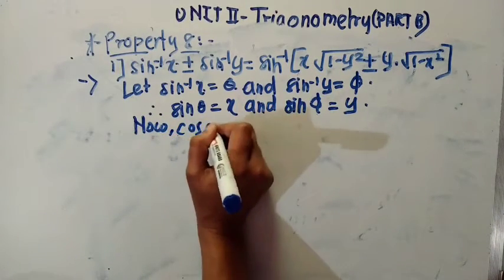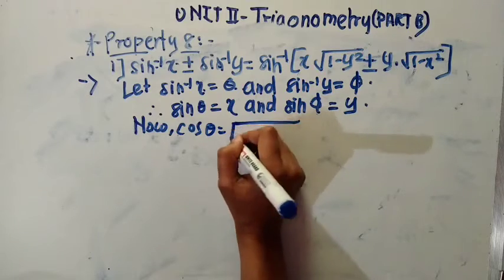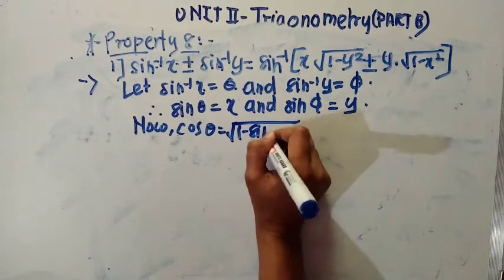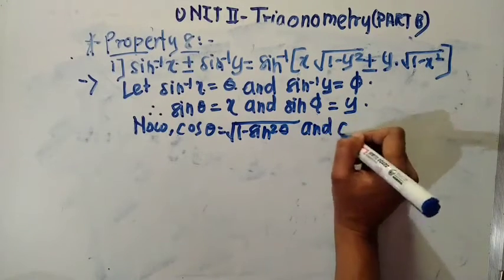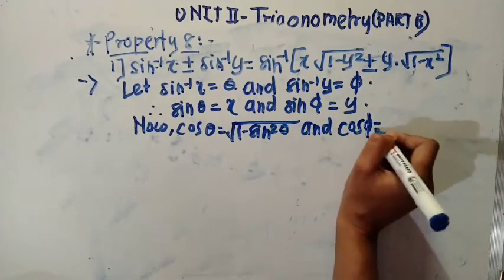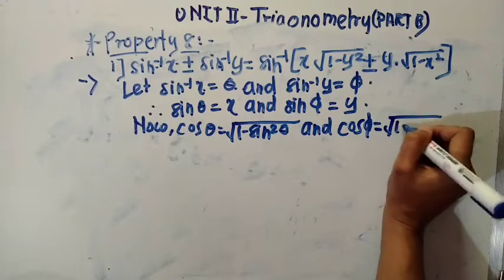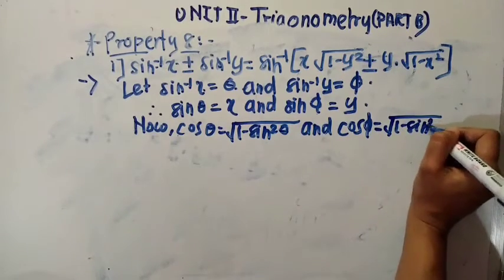But we know that cos theta is equal to root 1 minus sin square theta, and cos phi is equal to root 1 minus sin square phi.